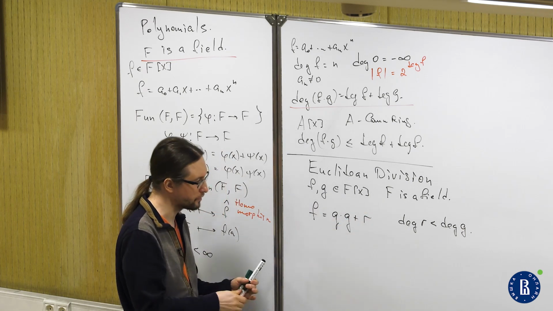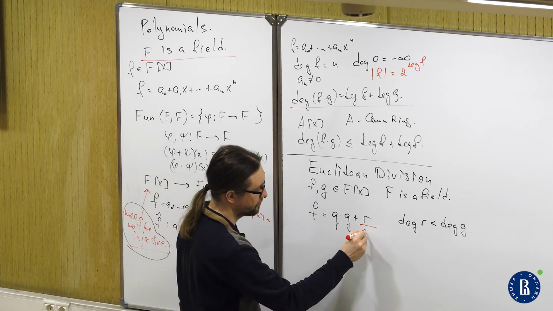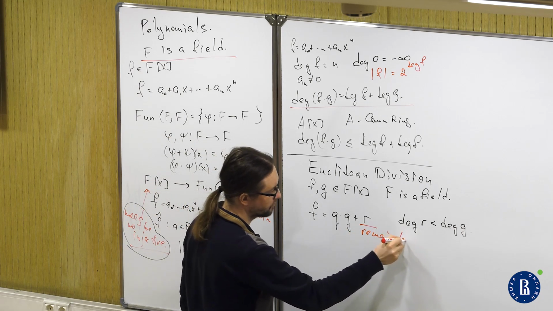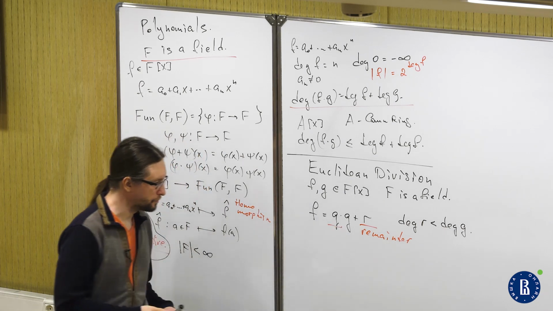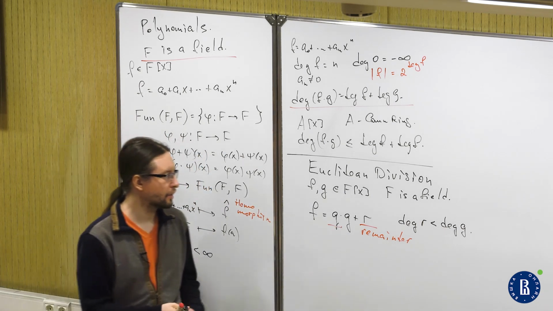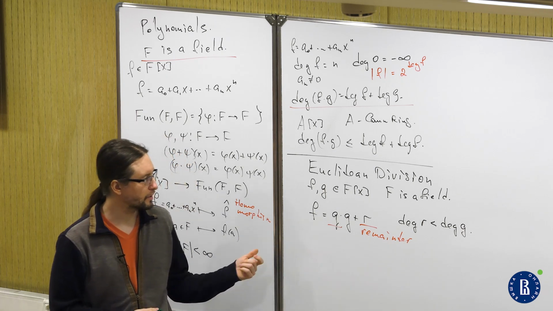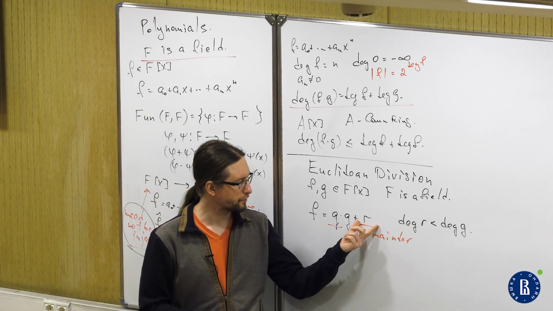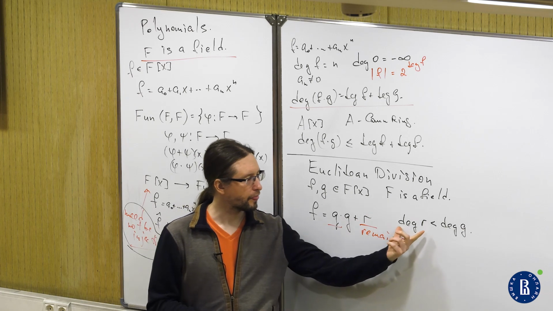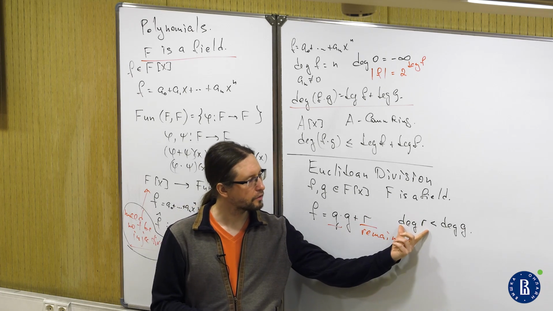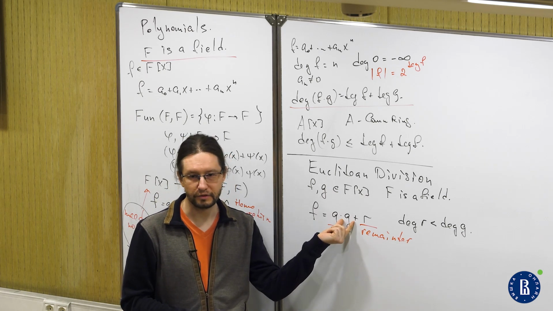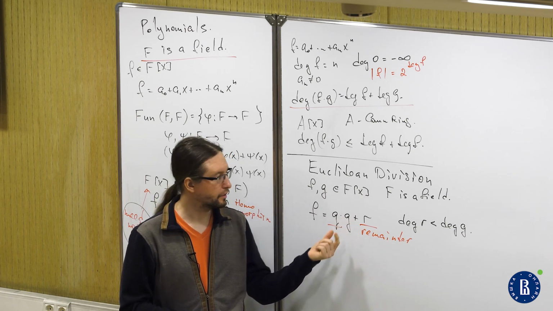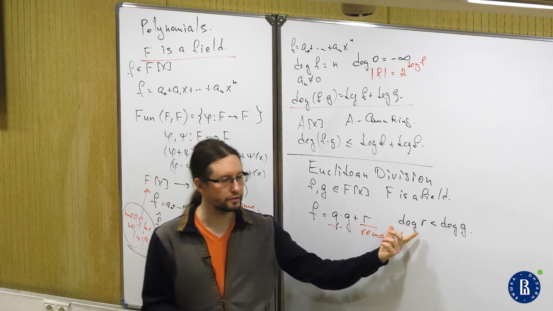So this is a remainder, and this is a quotient. This is the same as in the case of integers, but there the property for the remainder is that the modulus of the remainder is strictly smaller than the modulus of the divisor. But here, instead of the modulus, we use the degree.